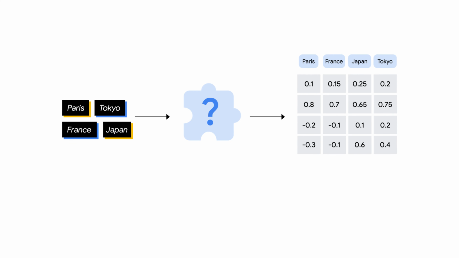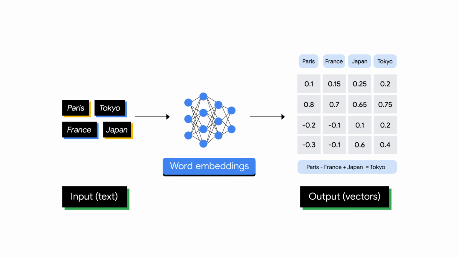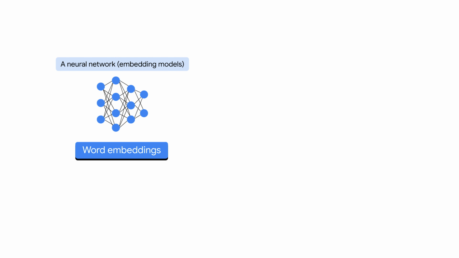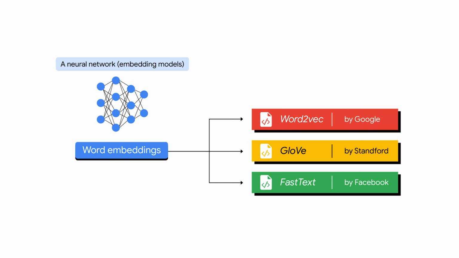You now understand the idea of word embedding. But how can you develop such an encoding system to convert text to vectors? Instead of manually specifying the values for the embedding, you train a neural network to learn those numbers. Neural networks have been used to train word embeddings, which include a variety of algorithms or models, such as the popular word2vec by Google, GloVe by Stanford, and FastText by Facebook.